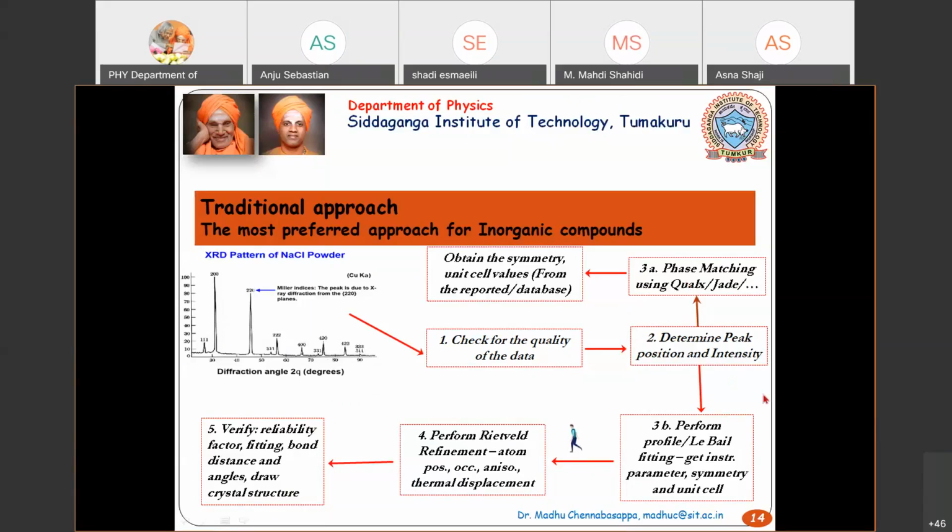Okay, you will try to do heat treatment at different temperatures, so maybe at 800, 900, 1000, 1200. So normally if you're doing barium titanate, it normally forms at 1200, but normally you don't directly heat it at 1200. Instead what you do is you heat it at 800, 900.